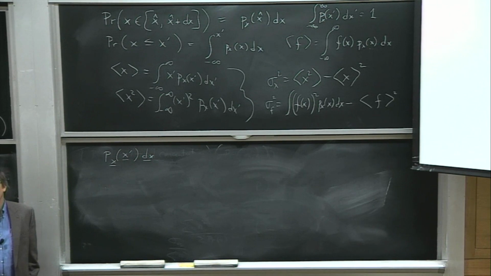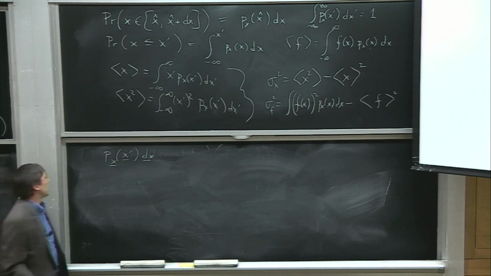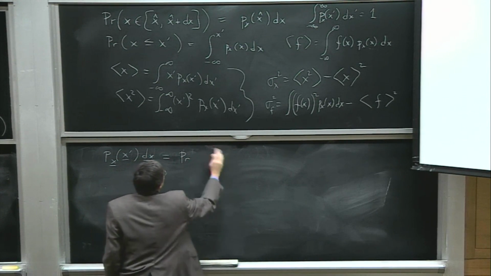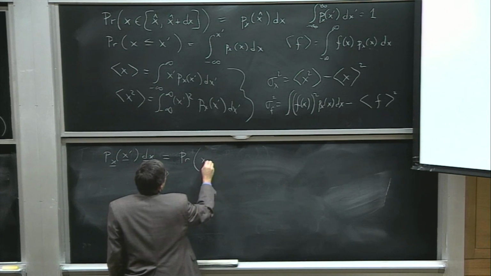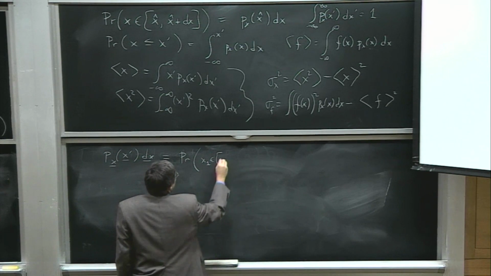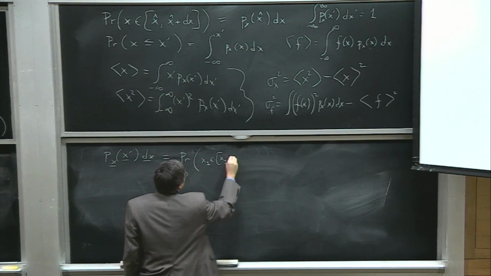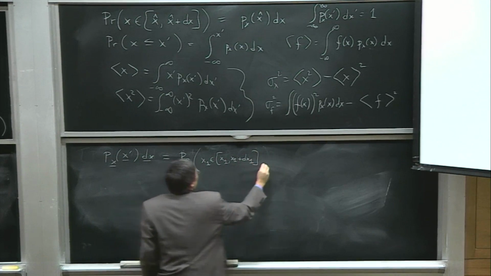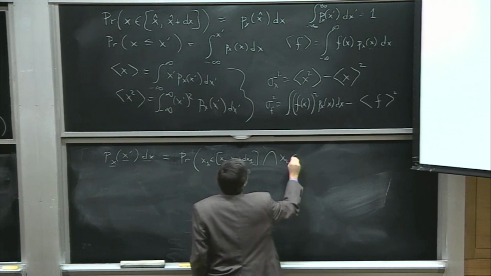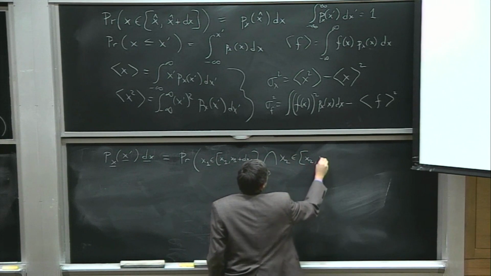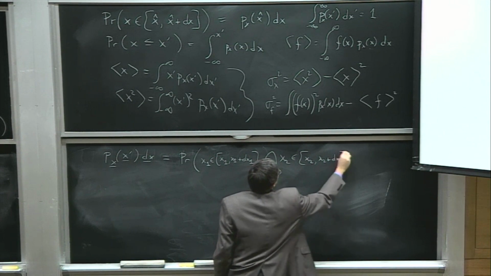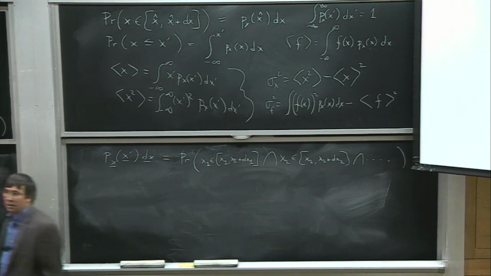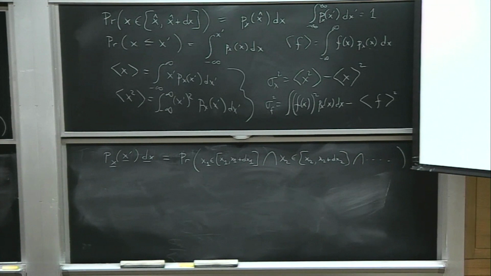We're going to measure this and this and this and this. And this is equal to the probability that x1 is a member of the set x1 to x1 plus dx1, and x2 is a member of x2 to x2 plus dx2, and so on. That's what the probability density function means with multiple variables.